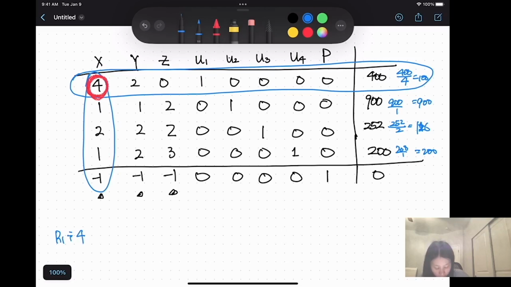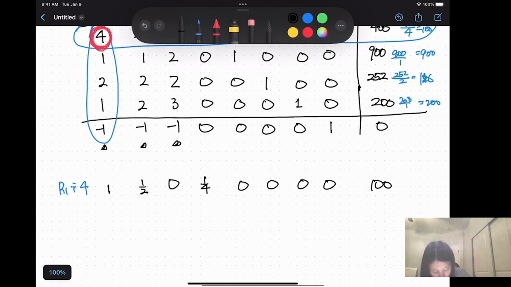So after I divide by 4, I have 1, 2 divided by 4 is 1/2, 0, 1/4, 0, 0, 0, 0, and 100. Okay, so the second row, I'm going to write it down.